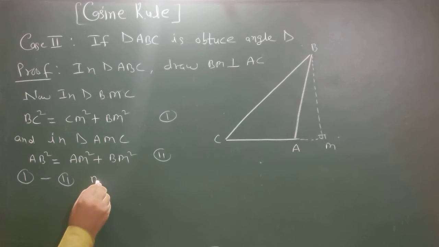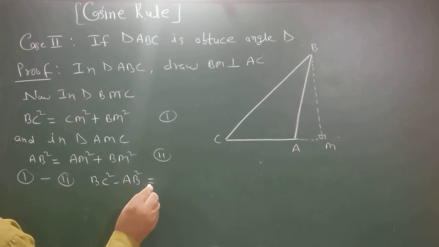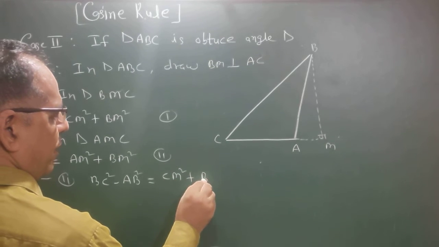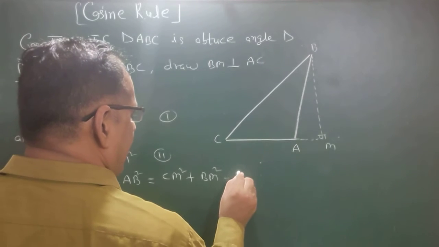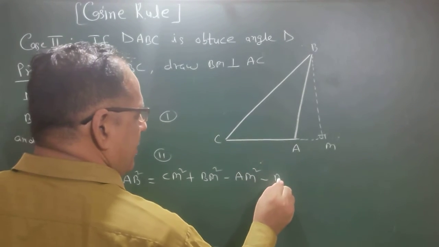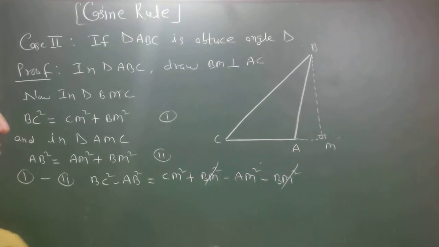So now we have left hand side BC square minus AB square is equal to CM square plus BM square minus AM square minus BM square. BM square and BM square is cancelled out.